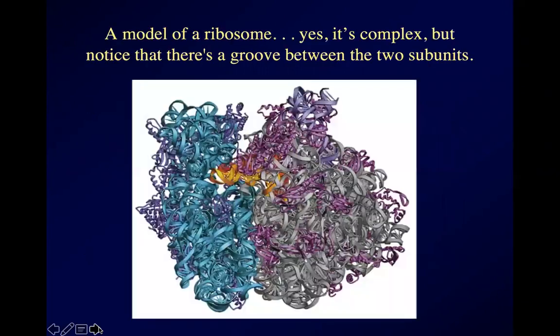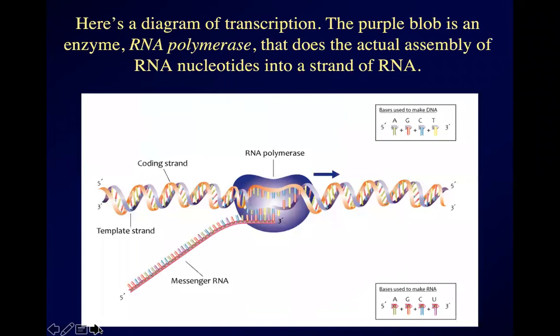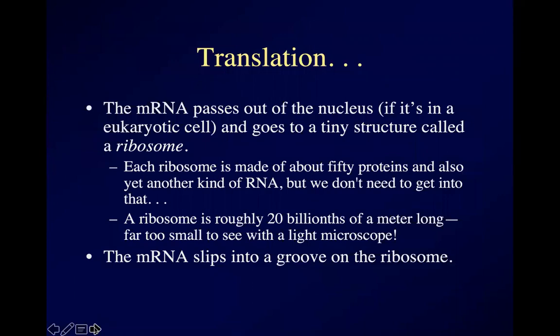When we make a molecule of messenger RNA using DNA as a template, we call that transcription. And when the messenger RNA is used to assemble amino acids in the right order, we call that translation.